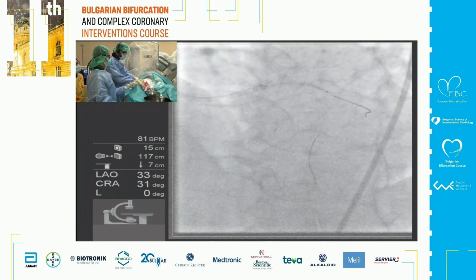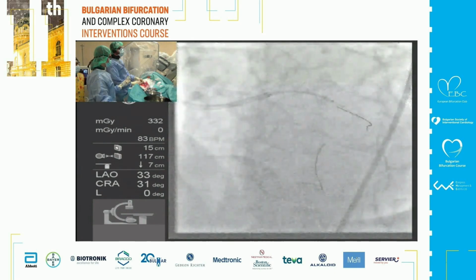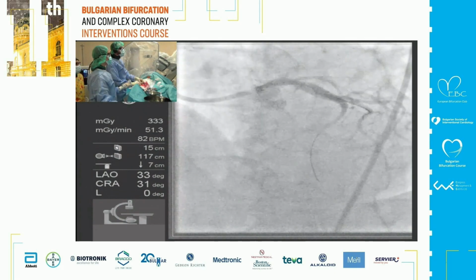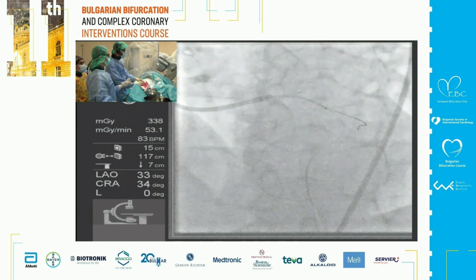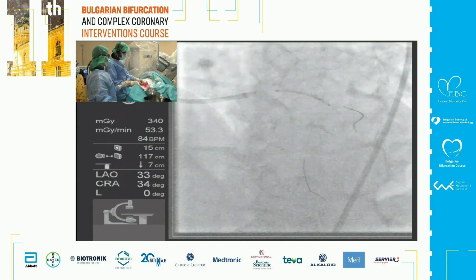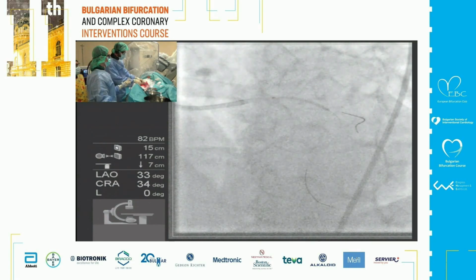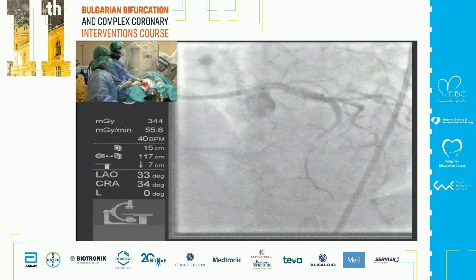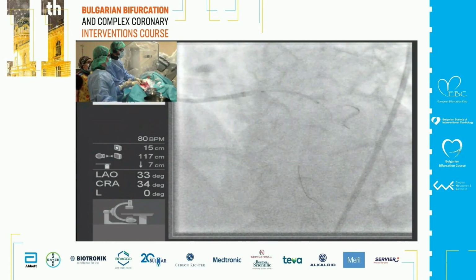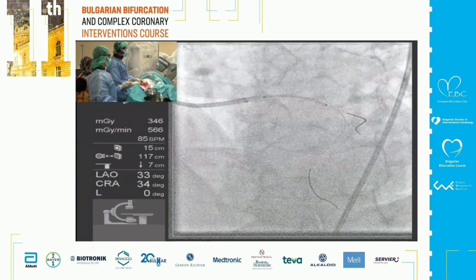After that, you will have to do a kiss, so you need 2 wires. Why not put them at the beginning? I'm not saying no. The reason that I'm asking in this specific situation, I know the principle. When the left main is very short, really short, and you have to trap wires. That's what I was referring to.